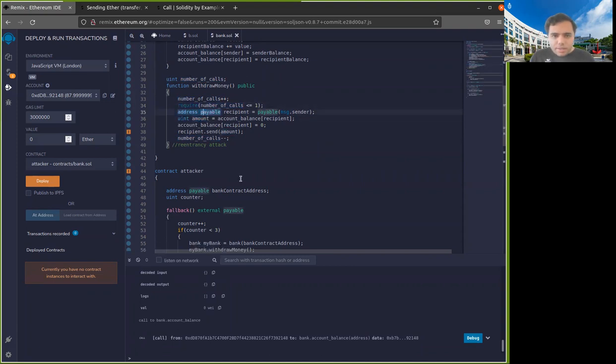Okay, and just one more point that I want to say here, as one of the questions mentioned, sending this money can fail. And this is an example that we actually saw last time as well. If the recipient is not able to receive any money, for example, if the recipient is a contract and it has no payable functions, so you can't actually send the money to it, then this send here will fail.